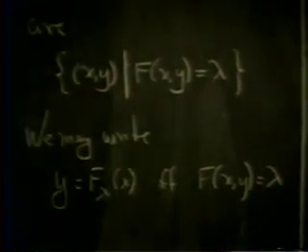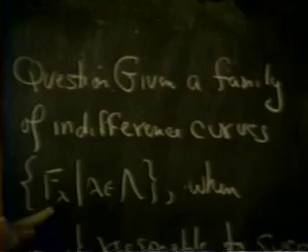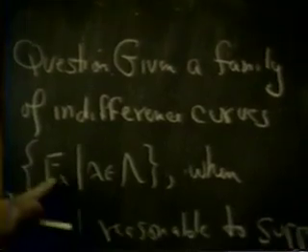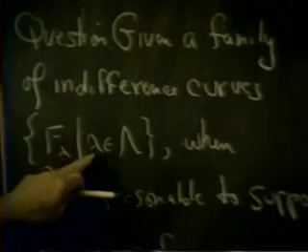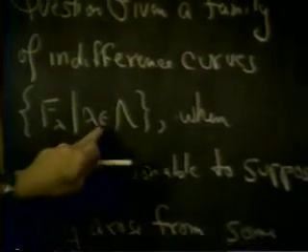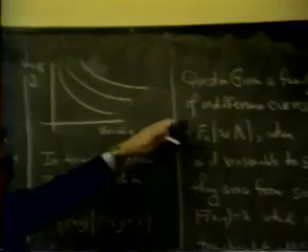And so the question now that can be raised is, given a family of indifference curves, that is, functions f lambda of one real variable against another, where lambda lies in some index set, and here I've only got 3 curves. I might have a continuum of curves, depends on the situation.